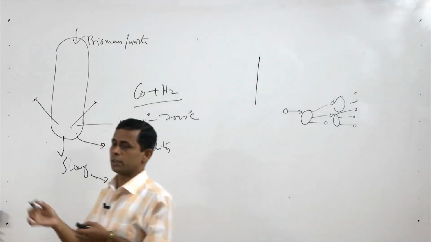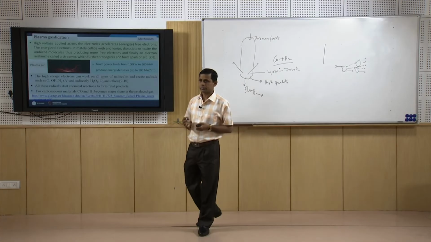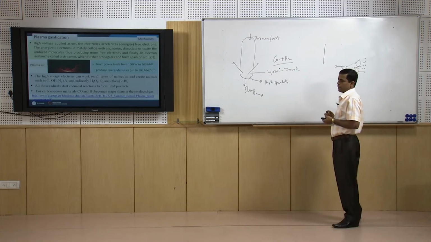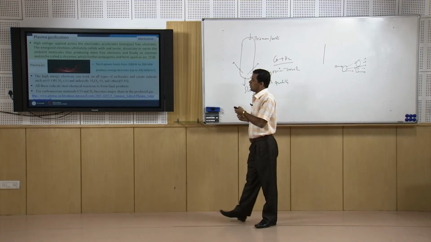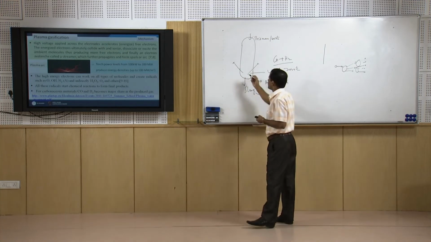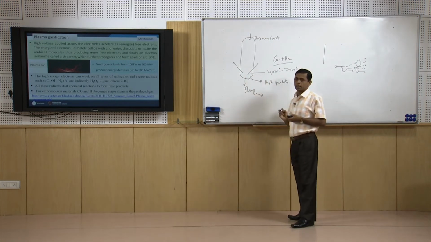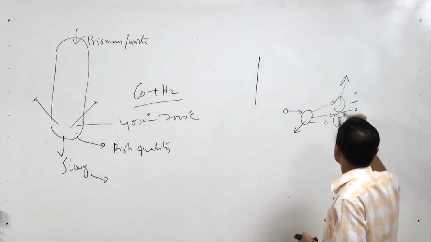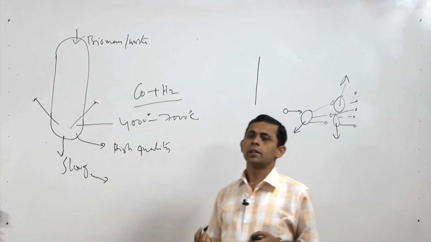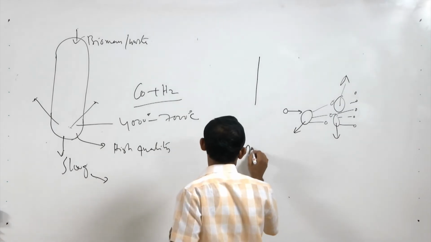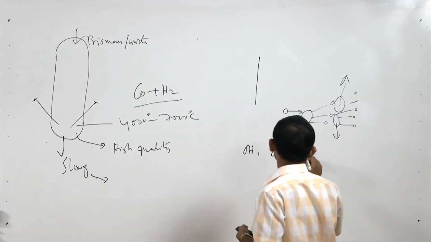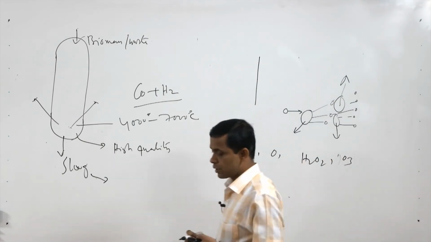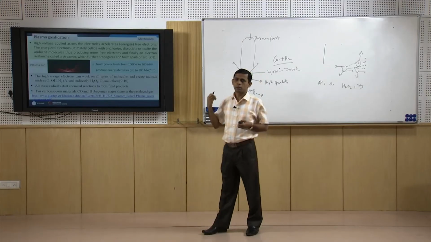That will create an avalanche or streamer of electrons, and this streamer, when more voltage is applied, will generate high temperature as well as produce different radicals from these materials, like OH, O, H2O2, and O3 can also be produced depending upon the severity of the conditions.